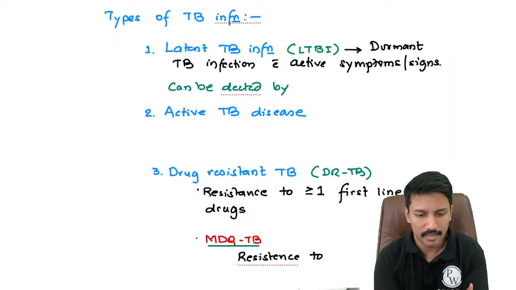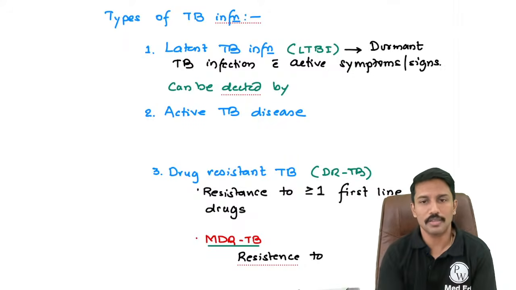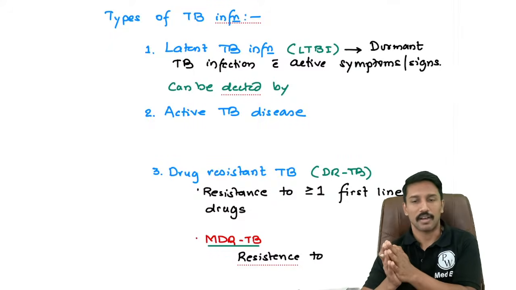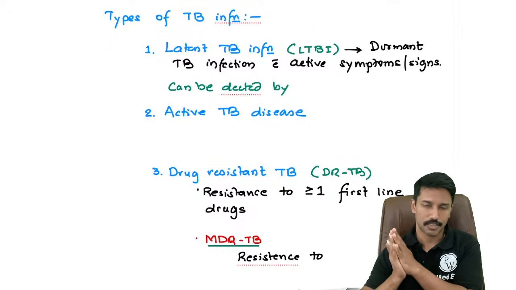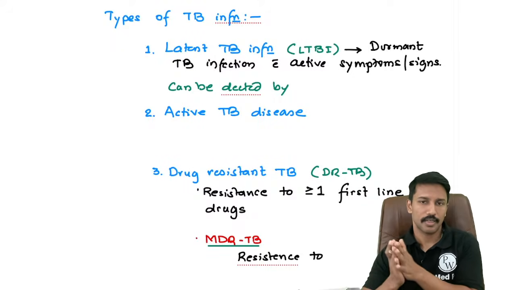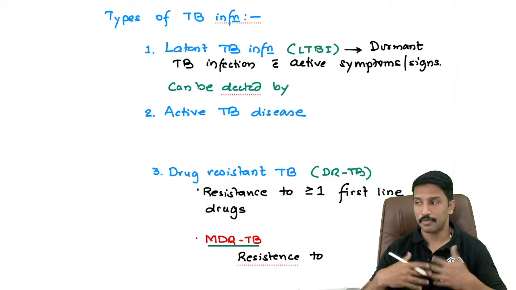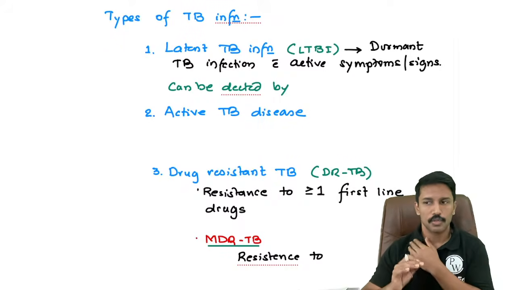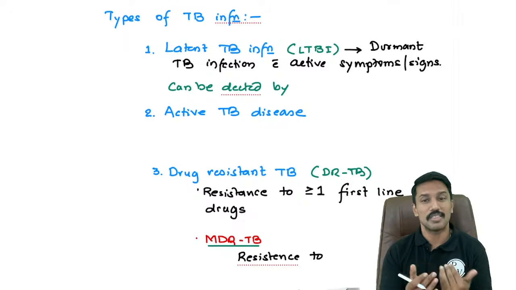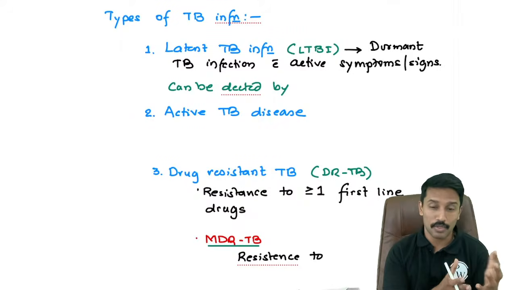It can be detected by either Mantoux test or the TB Quantiferon Gold test, which is an IGRA, interferon gamma release assay. Mantoux test, the utility is debatable in a country like India, where almost everyone is exposed. So it may not be a very reliable investigation, and in countries where BCG vaccination is standard, Mantoux will be falsely positive.